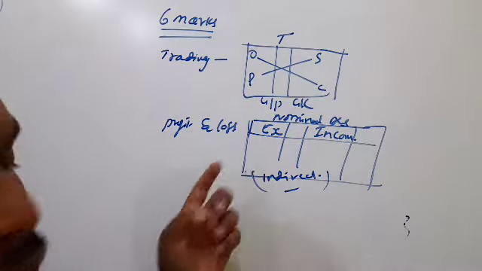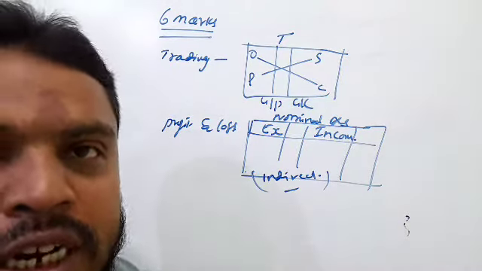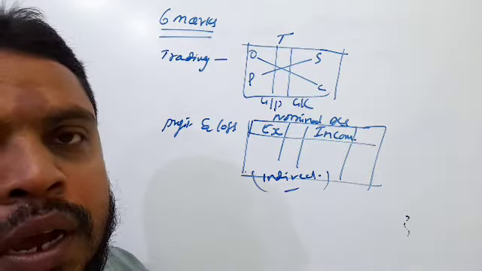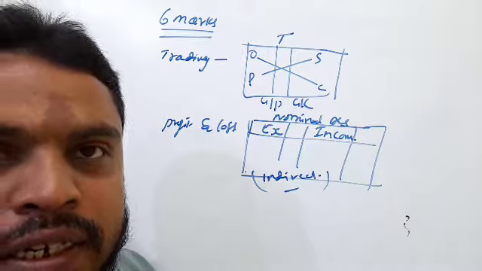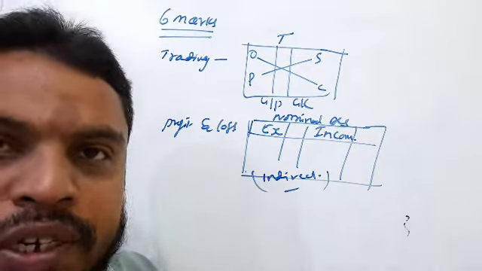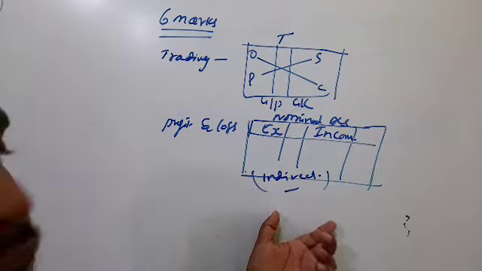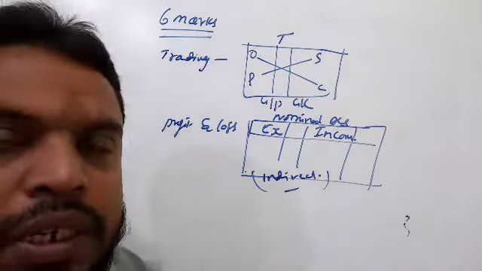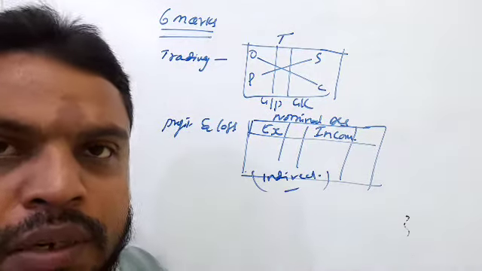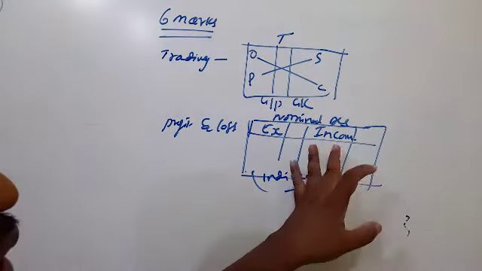On the debit side, all the expenses: administration expenses, office expenses, maintenance expenses, for example salary, rent, printing and stationery, postage and telegrams, depreciation, electricity bill. Incomes: discount received, commission received, interest on drawings. All those incomes will be recorded on the credit side.